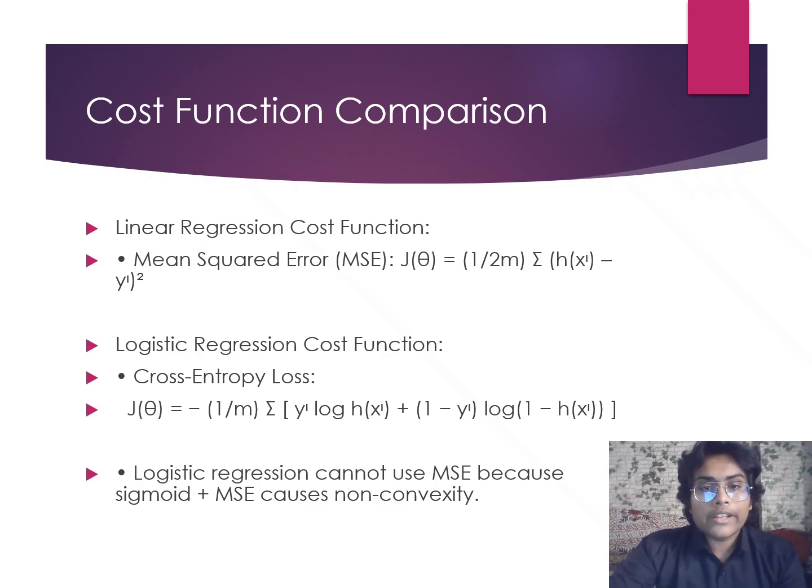Now the logistic regression cost function: cross entropy loss. J(theta) is equal to minus 1 divided by m, summation of y log h(x) plus (1 minus y) log (1 minus h(x)). Logistic regression cannot use MSE because sigmoid plus MSE causes non-convexity.